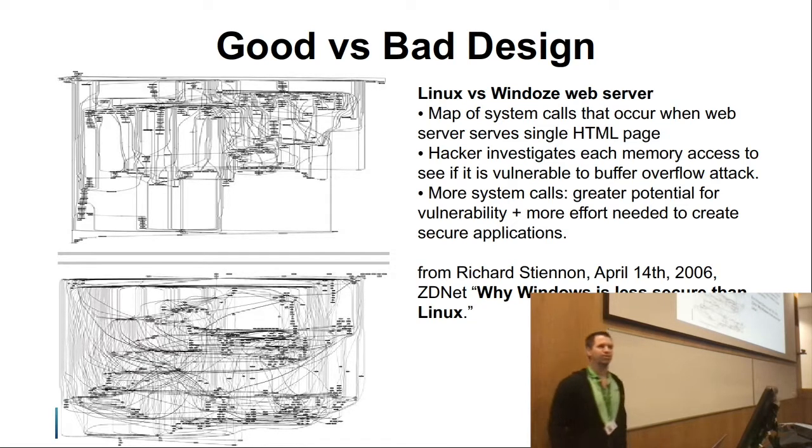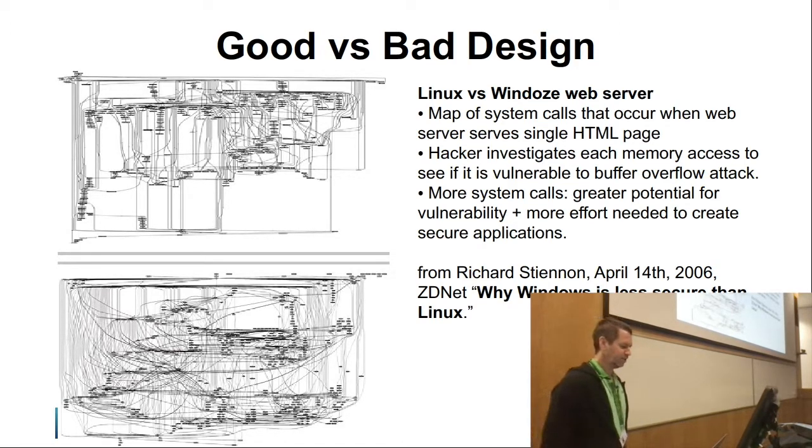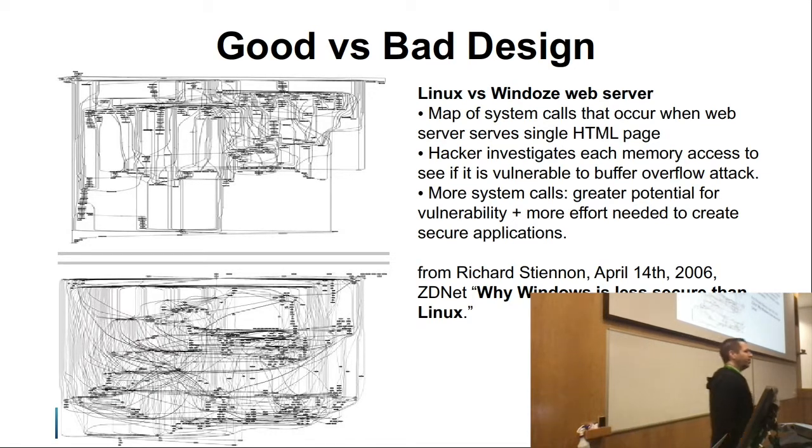Right? You point your browser at Amazon.com, and it serves up a web page. And there's some web server software that's responsible for that, and this is a map of all the system calls that occur. So you could also call those collaboration graphs.